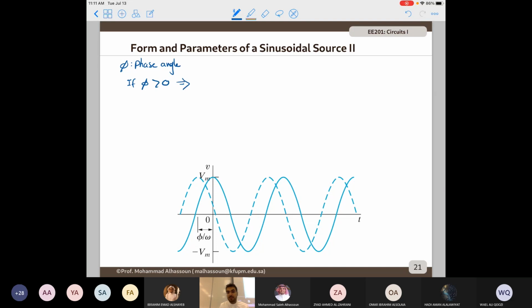That there is a shift toward which direction? Toward the left. We have a shift to the left. Okay, if phi is less than 0, then there's a shift, but in this case the shift is toward the right.